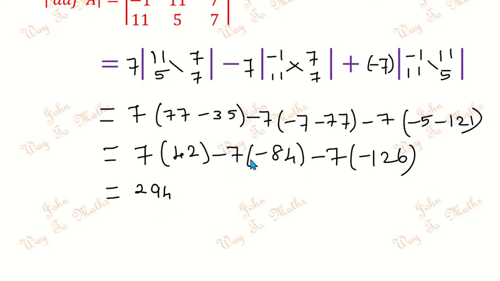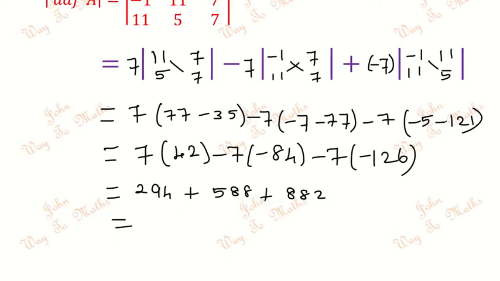So 7 into 42 is 294. Minus into minus is plus, 7 into 84 is 588. Minus into minus is plus, 7 into 126 is 882. Adding, we get 1764.